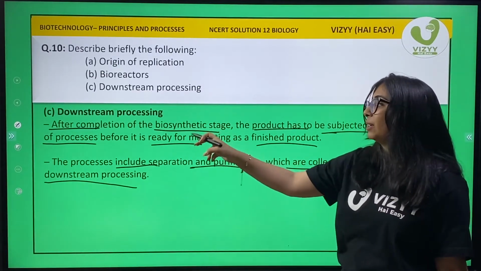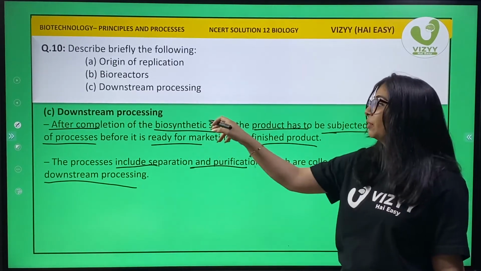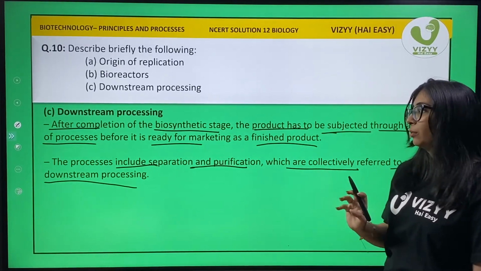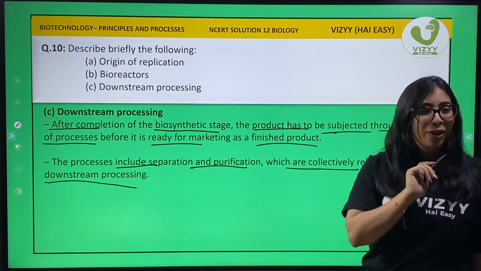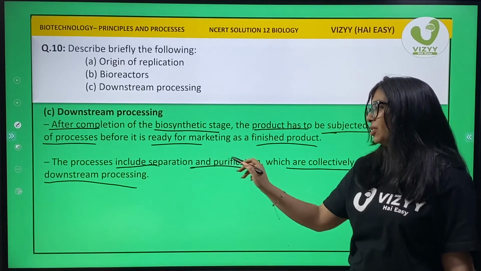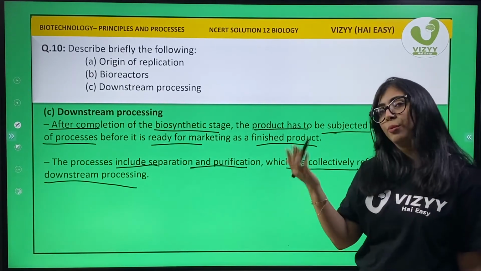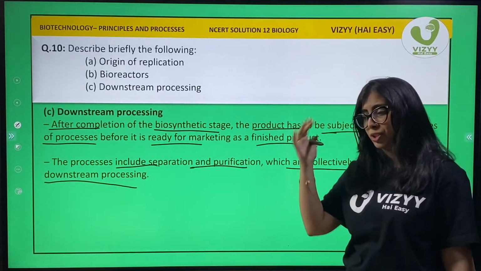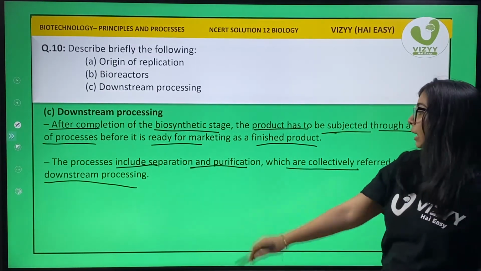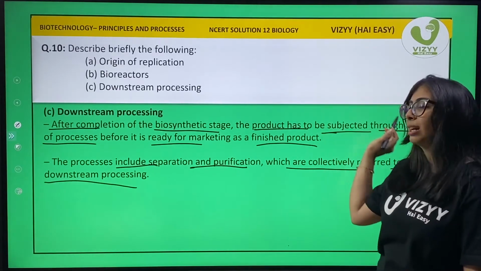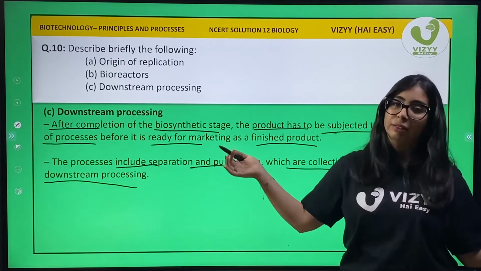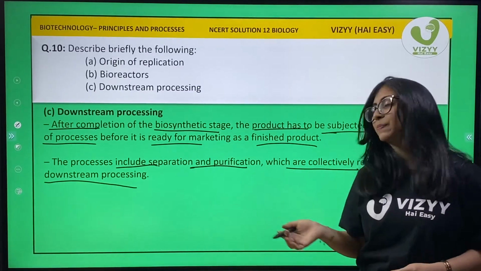After completion of the biosynthetic stage, like after selecting a particular dress, we are checking the product, whether it is ready for taking home or not. That includes separation and purification. Instead of separation and purification, remember we are checking out, we are paying. And lastly, it is collectively referred to as downstream processes. So shopping is done, just like that.